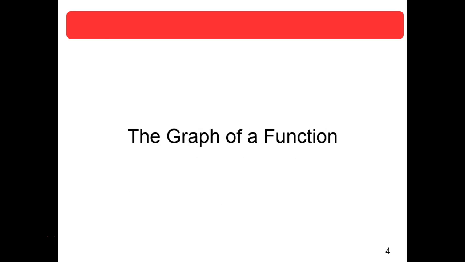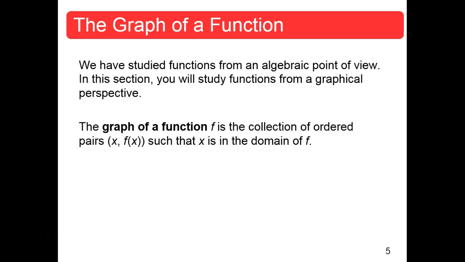All right. So let's look at the graph of a function. We've studied functions from an algebraic point of view. We've talked about those that you use in sentences. We've done a few with ordered pairs and tables. But now we're going to look at it from a graphical perspective. Remember we said there's 4 ways to express a function. Now we're going to focus on the graphic. The graph of a function, f, is a collection of all the ordered pairs (x, f(x)).